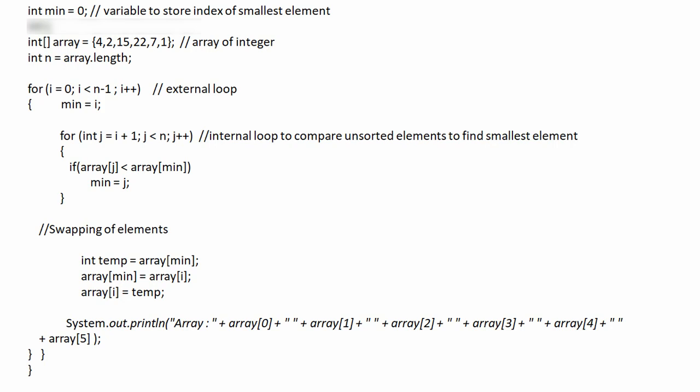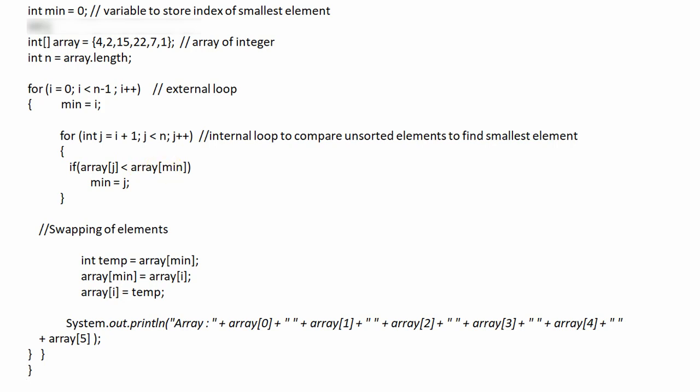and it will be assumed to be the smallest element of the array, and the internal for loop will start comparing from the third index to the fifth index, and it will try to find the minimum element in the remaining elements.